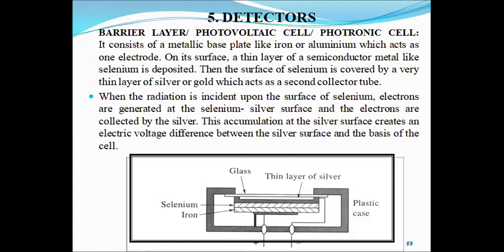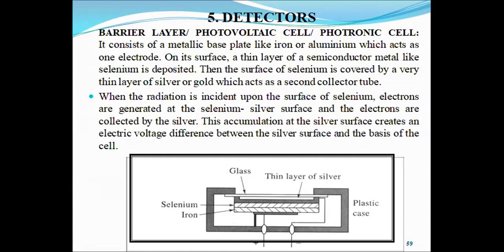The first is the barrier layer, or we call it the photovoltaic cell or the photronic cell. This consists of a metallic base plate like iron or aluminium, which acts as one of the electrodes. Then we have a thin layer of semiconductor material deposited over it, as you can see in the diagram. Selenium is used here as the semiconductor, and it is covered by a thin layer of silver or gold, which acts as the second collector electrode.